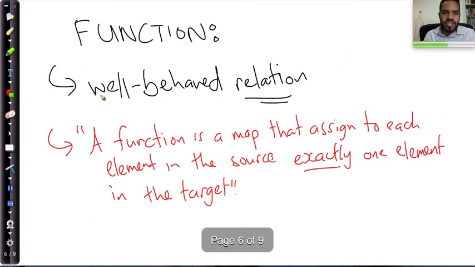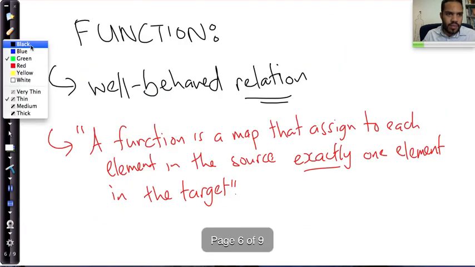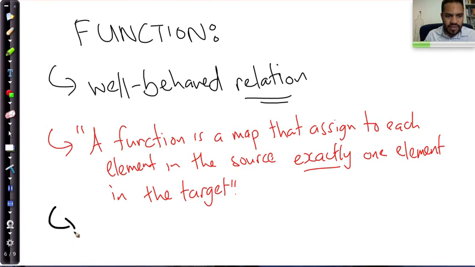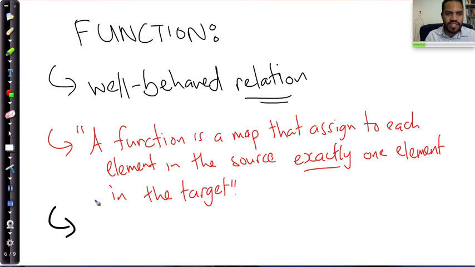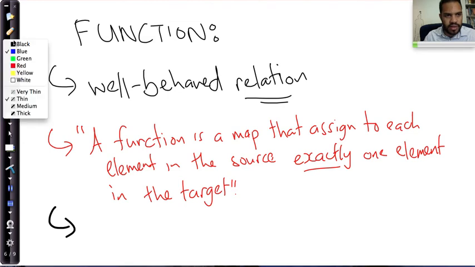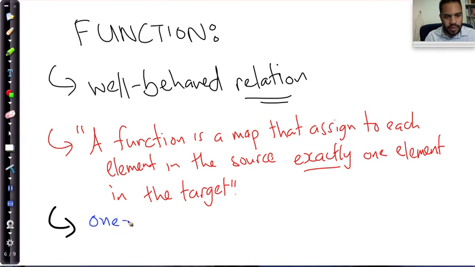And so one thing I'm just going to add to that is, if the relation is described as 1 in the target, they only go to one thing in the target. For example, one to one, this is a function.